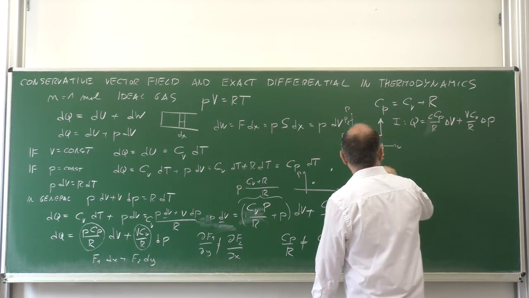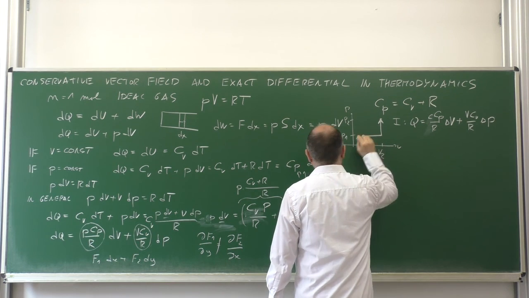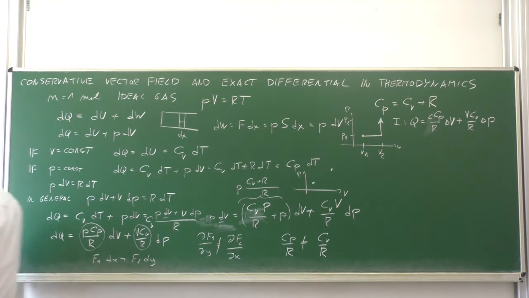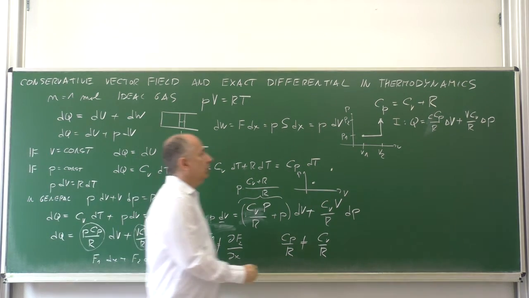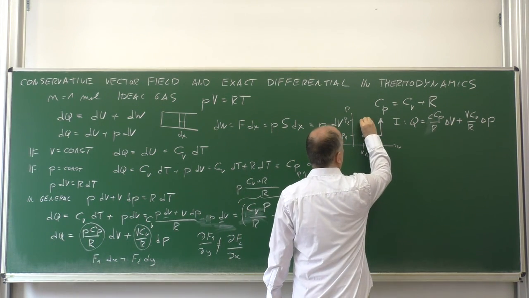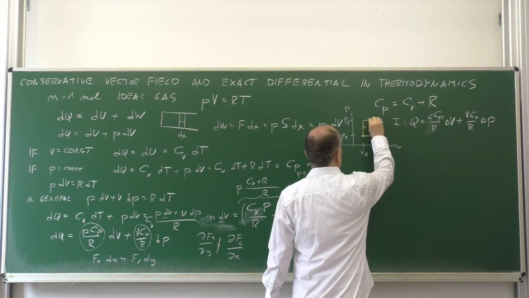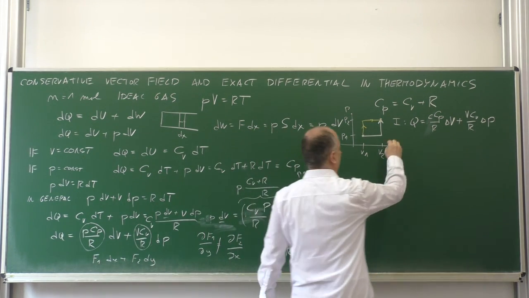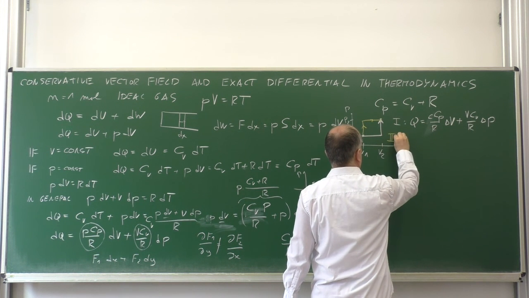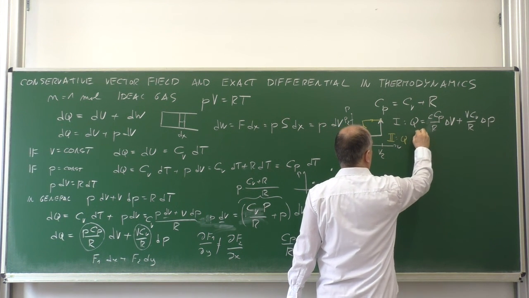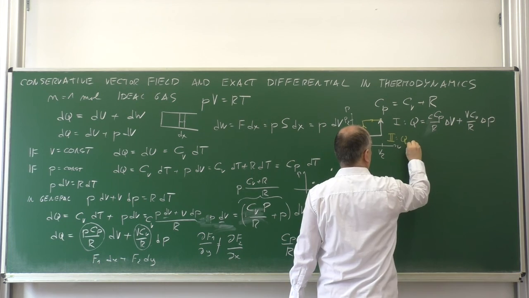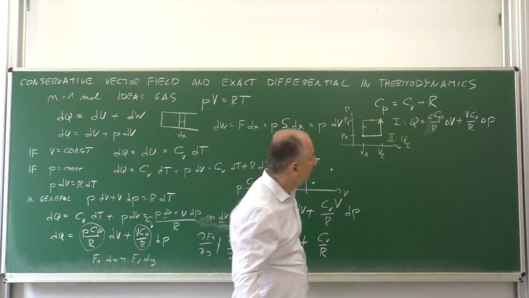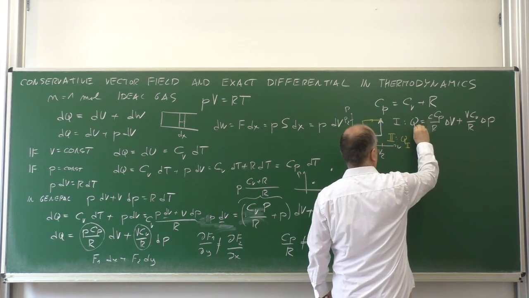On the other hand, if we go, let me change the color, if we go from the same initial point to the same final point, but this time over this yellow path, then in the case 2, Q, let's call it Q2, and let's call this Q1.